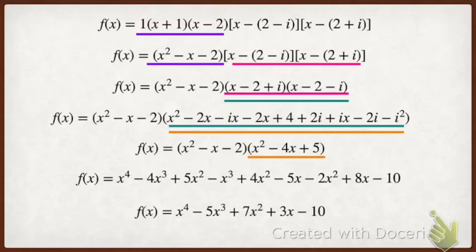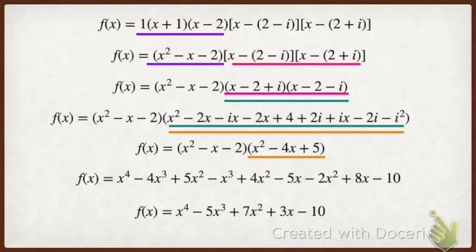And hopefully recall that i squared is negative 1, so negative i squared, the one at the end, is a negative negative 1, which is 1, and you're going to add that to the 4. That's how we get the 5 at the end. So we do this whole thing, we should get a quadratic, x squared minus 4x plus 5. That is not factorable, it's irreducible. We can't factor it. The only way to solve this is to use the quadratic formula.